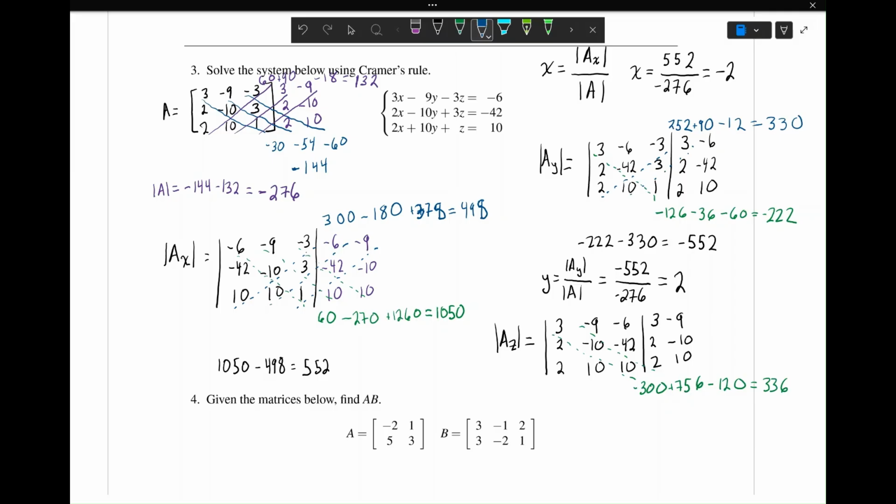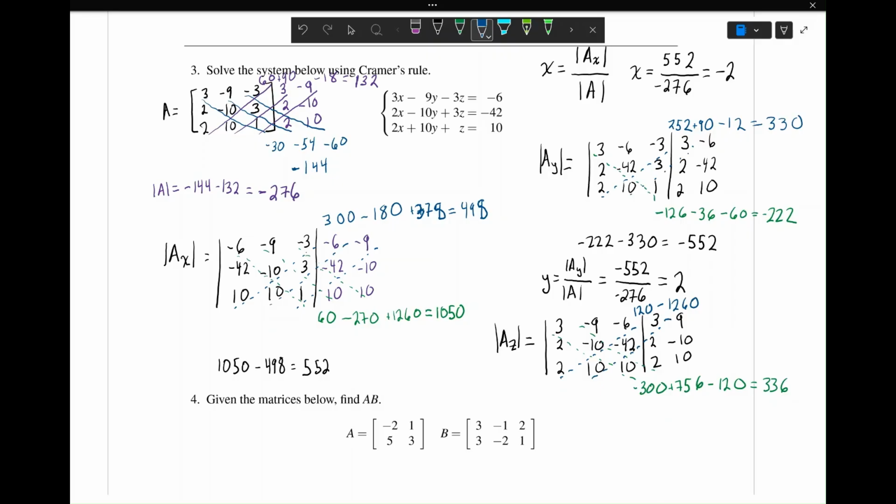I'll now do the upward diagonals. I get a positive 120 for that first diagonal. And then I get a negative 1260 for that second diagonal, because that's what 10 times negative 42 times 3 is going to give us.